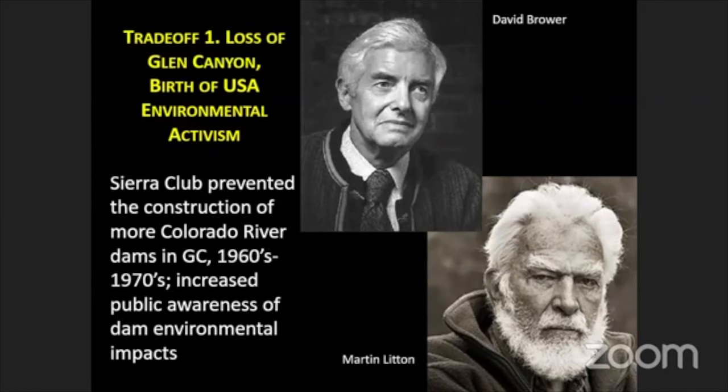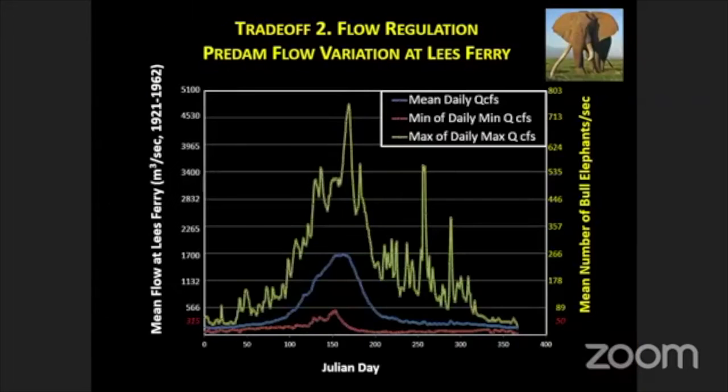And these two gentlemen, David Brower and Martin Litton, both part of the Sierra Club, were wakened to the issues of dam environmental impacts, and subsequently prevented the construction of more Colorado River dams in Grand Canyon through the 1960s and 1970s. These two are real environmental heroes for a lot of people, myself included.